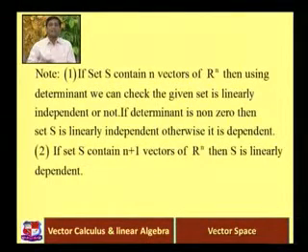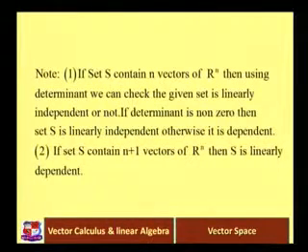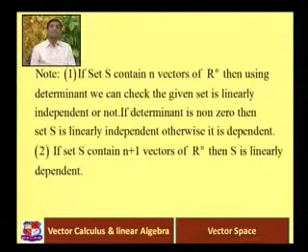If set S contains exactly n vectors of Rn, then using the determinant you can check whether the given set is linearly independent or not. If the determinant is non-zero, then set S is linearly independent, otherwise it is dependent. Otherwise means if the determinant is 0, the set S is linearly dependent.